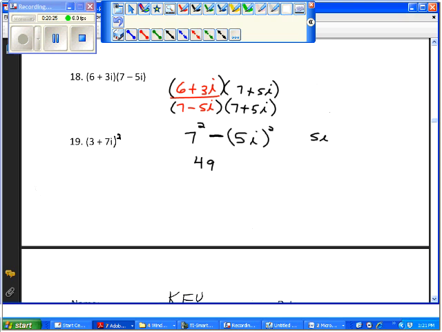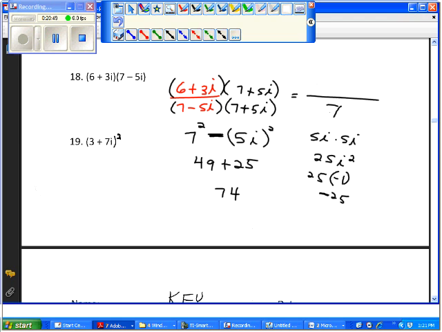Inside the parenthesis, we would have 5i times 5i, which is 25i squared, but i squared is negative 1. So we have 25 times negative 1 is negative 25. And we have minus a negative 25, which is a plus 25. So the denominator would become a 74. We would have made the denominator be a real number, okay?